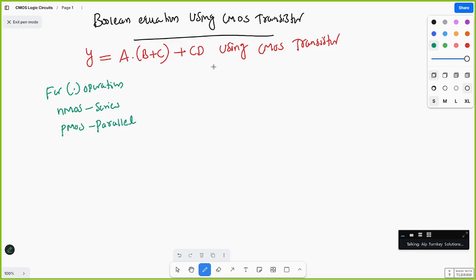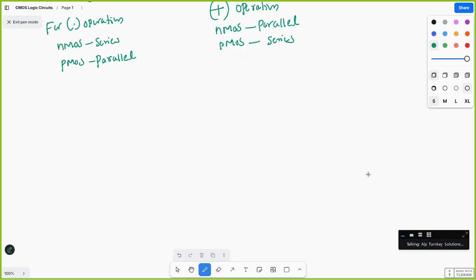And next, for OR operation, NMOS will be parallel and PMOS will be series. Okay, so based on this I can draw the diagram.